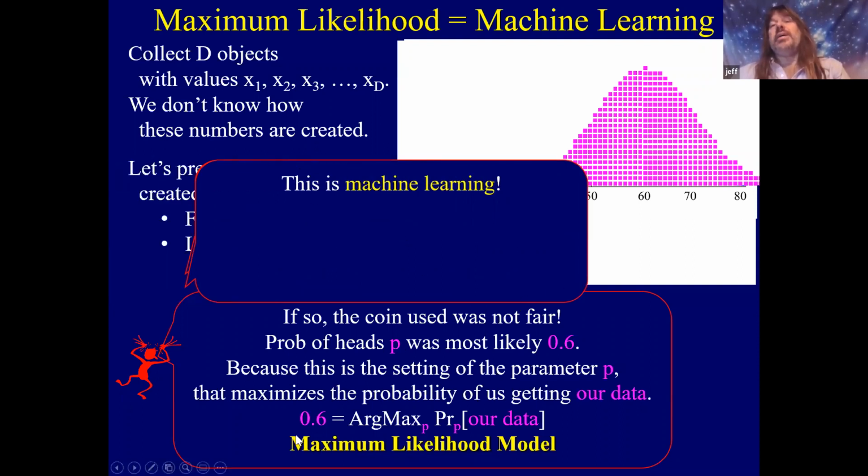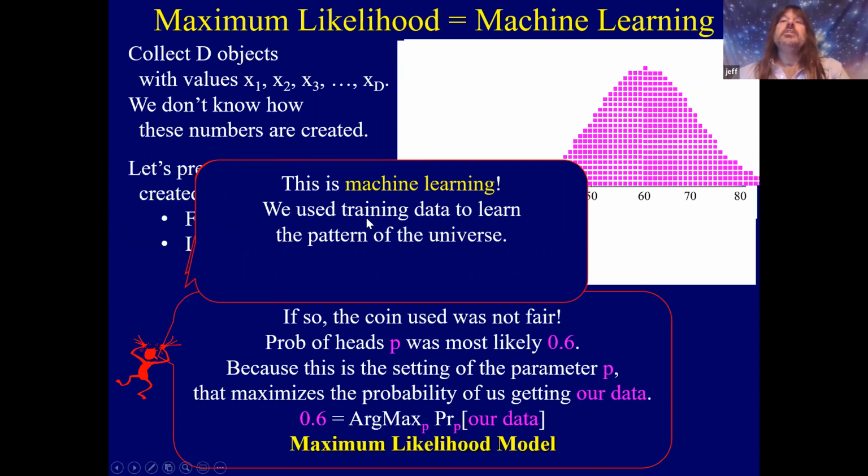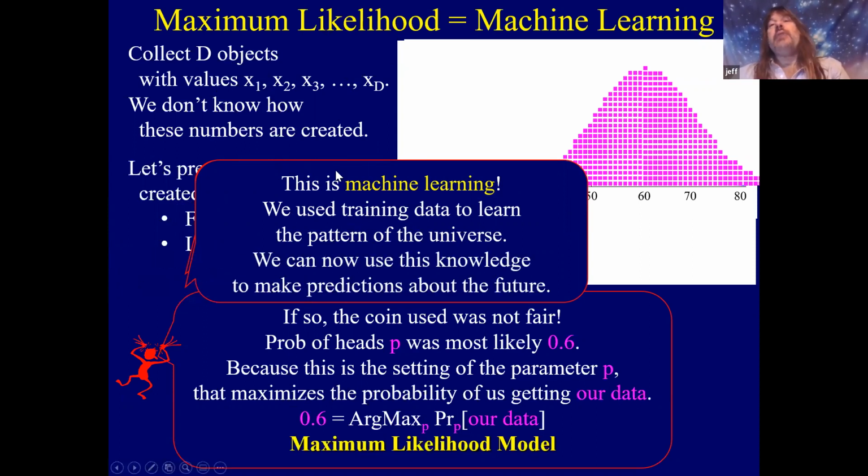Before we go into a little bit more about maximum likelihood, let's just see how it connects to machine learning. In machine learning, we grab a bunch of data because we want to understand the universe better. We get data from the universe, and when we train on this data, we obtain the value p, this parameter, this weight of our belief about the world.